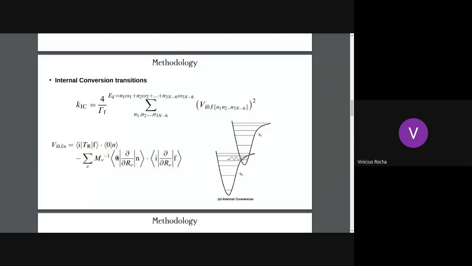And this one here is the non-adiabatic coupling element between the level 0, the ground state, and the state 10.